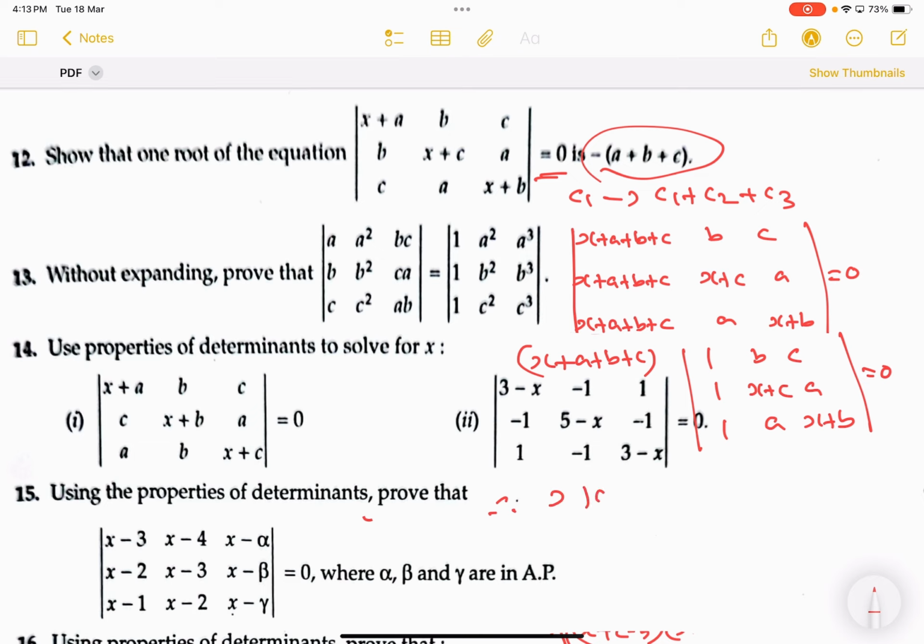Therefore, x plus a plus b plus c will be equal to 0. Therefore, x is equal to minus a minus b minus c, or minus of a plus b plus c. Therefore, this is a root of this equation. Okay, this is the root of this equation. Enough. You no need to elaborate that. That we will do in other questions, those elaborations.